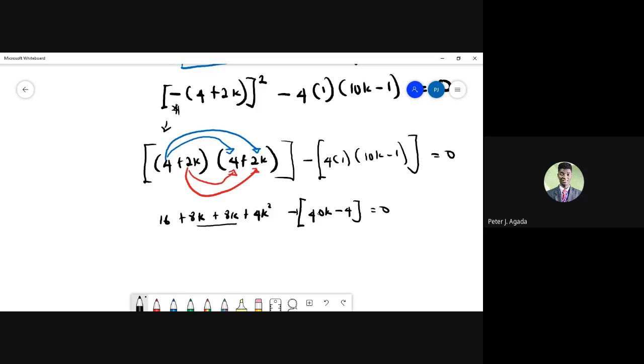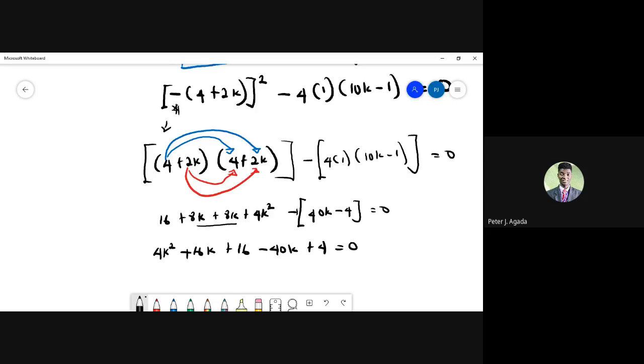So let's rearrange our quadratic equation and see our value. We can have 4k squared plus 8 plus 8, that is 16k, plus 16, and then we have our minus 40k plus 4 is equals to 0.